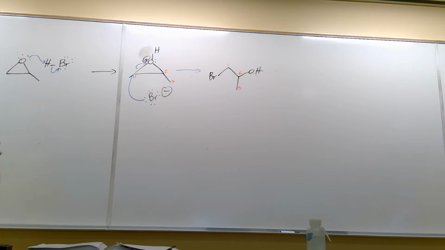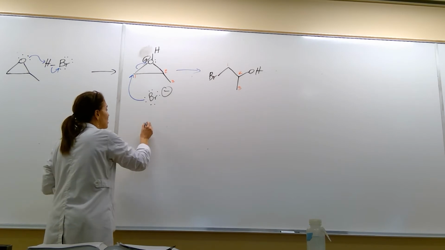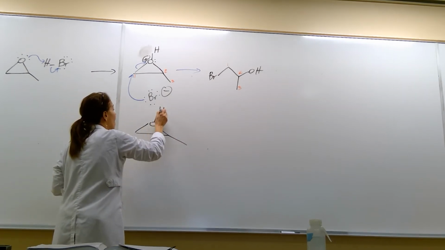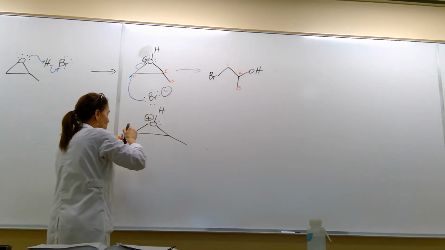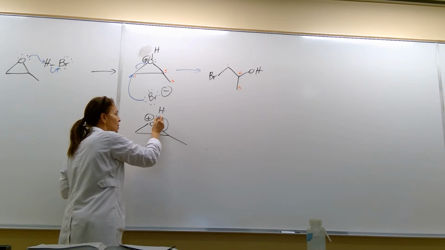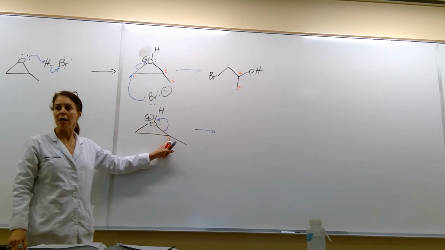So this is simple. It's an SN2. Because if it happens in 2 steps, the carbocation is going to be primary, so it's not stable. But let's look at the other side. So what can happen here is this opens, and we can end up with what type of carbocation here?